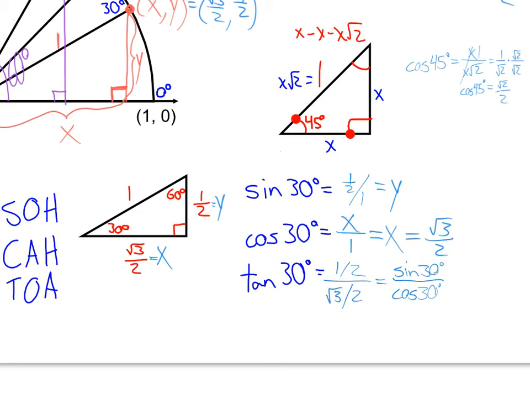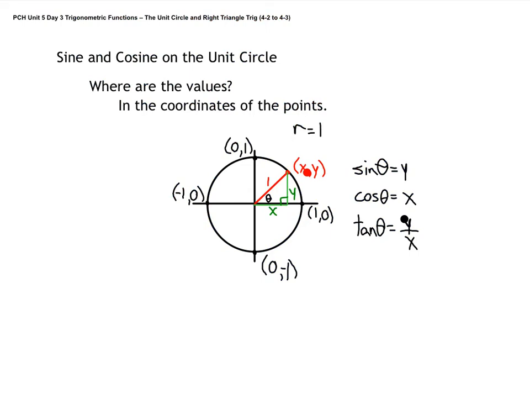Just to sum up, the y coordinate is your sine, the x coordinate is the cosine, and the tangent is going to be the sine divided by the cosine, which is y divided by x.